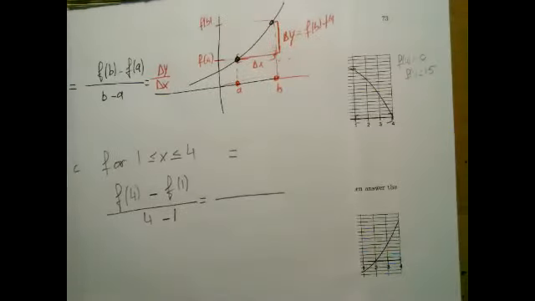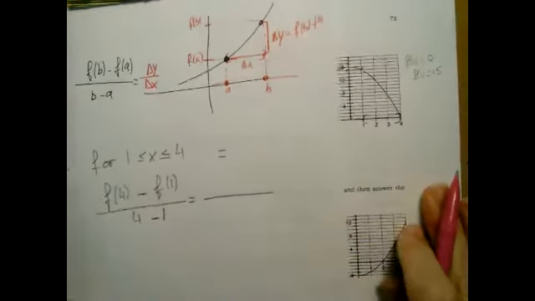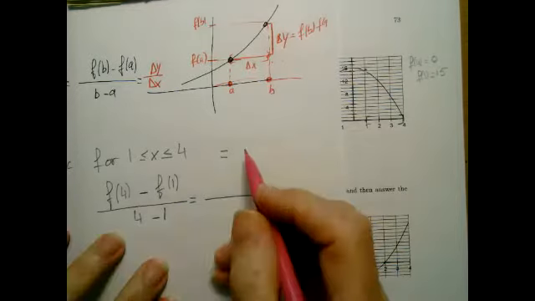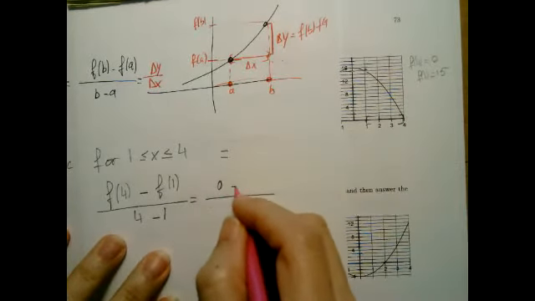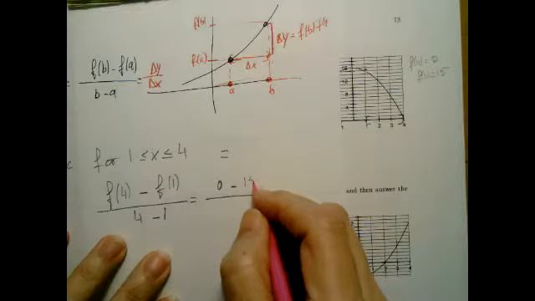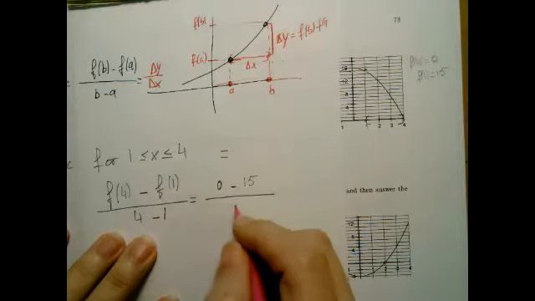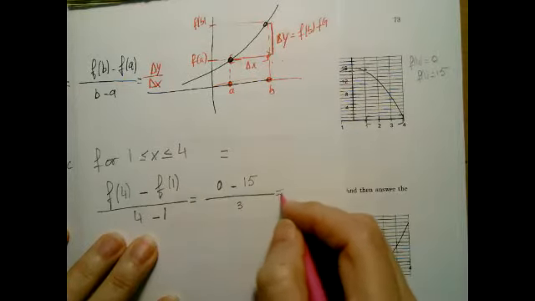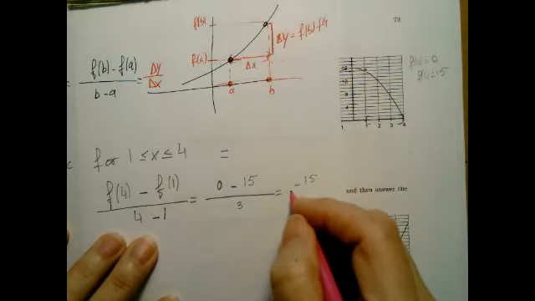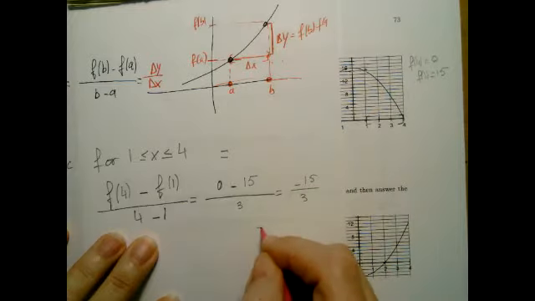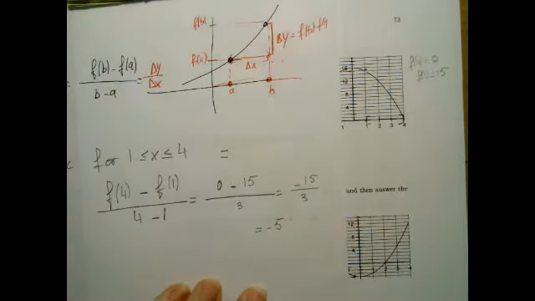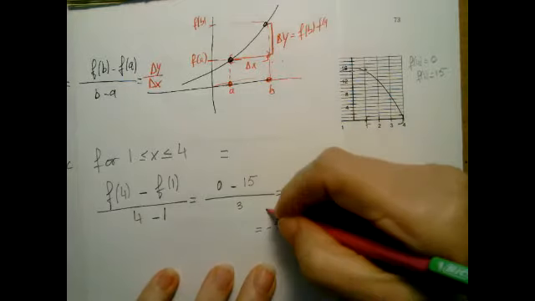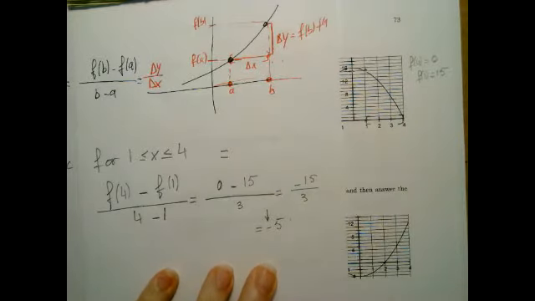So what is f of 4 minus f of 1? Now that we picked up the values, f of 4 is 0 minus f of 1 is 15, over 3. So it's minus 15 over 3, which is minus 5. Okay, that's nice, because why is this average rate negative?